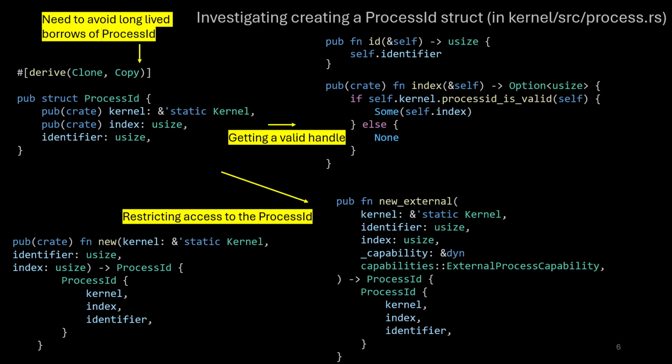But one of the problems with unsafe is that it's not very fine grained. So these traits that are passed in are a way to show that the calling function has access to be able to use the new external, because these are unsafe traits. We'll talk about those more later, but it's a way to also manage the access control to these process ID structures.